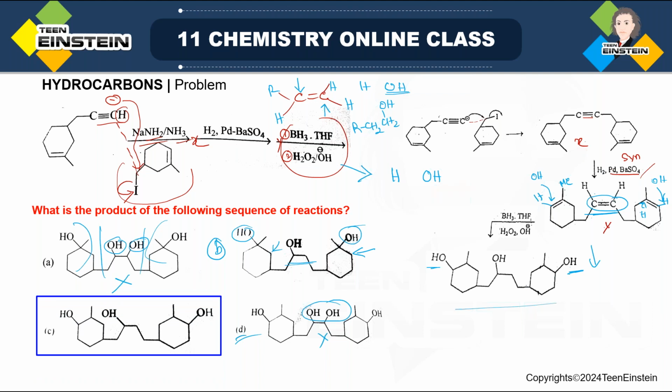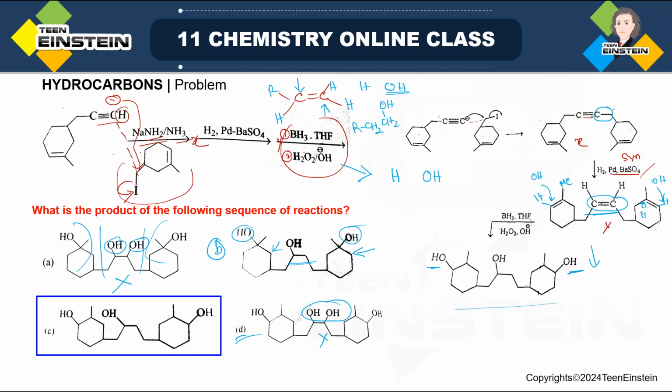So first there will be removal of the terminal active hydrogen, carbanion generation. It will attack the carbon which contains a good leaving group, I. So this is the newly generated C-C bond, and then H2 with Pd/BaSO4, which is a reagent for conversion of triple bond to double bond only, not further addition. And this is syn addition.